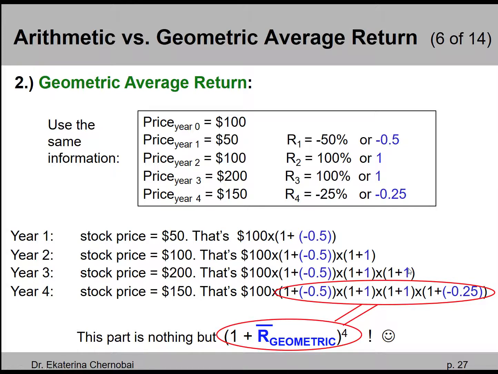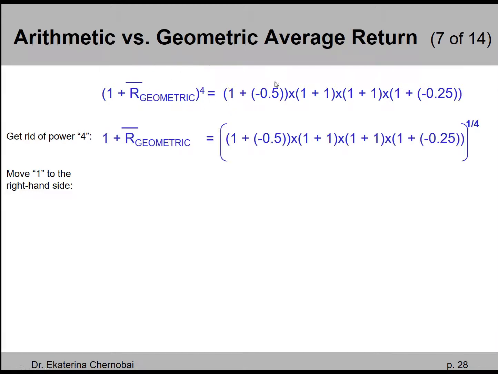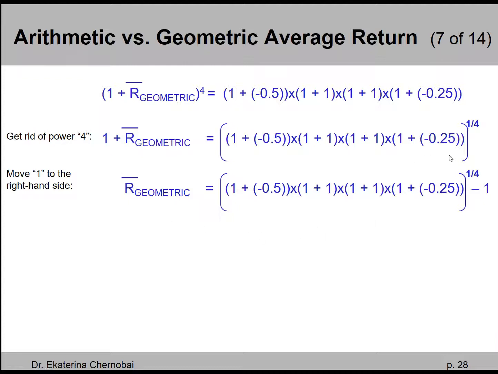Okay, let's calculate it. This is what we have. Then we can get rid of the power 4 by dropping it on the left hand side, and on the right hand side we add the power 1 divided by 4 to everything on the right hand side. Then we want to get rid of 1. We drop it here on the left hand side and instead move it to the right with the opposite sign, minus 1.